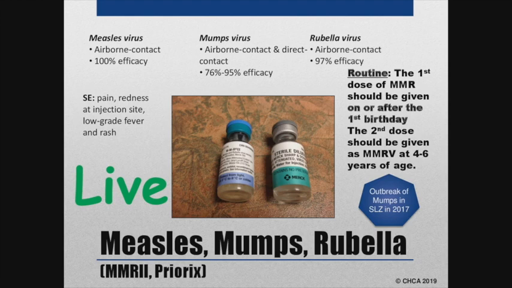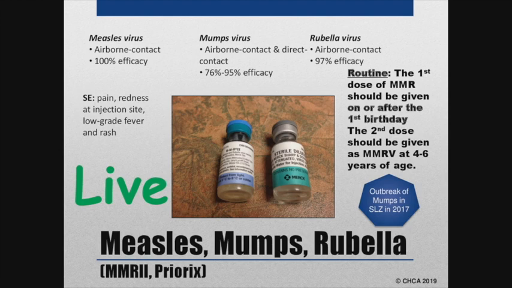For the routine intervals for the MMR, the first dose is provided at the first birthday, or 12 months of age, followed by a second dose, usually provided as a combination, MMRV, between 4 to 6 years of age. Often people ask why we don't provide the MMRV twice, and that's because MMRV provided earlier than 12 months of age increases the risk of seizures, particularly febrile seizures.